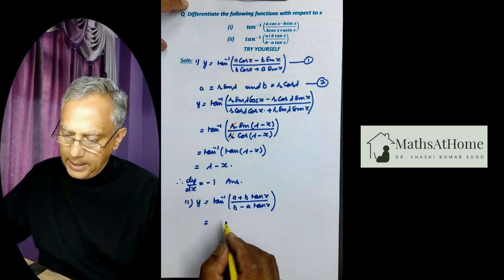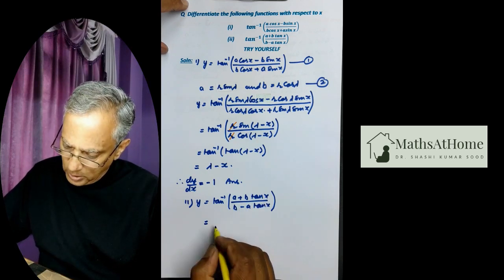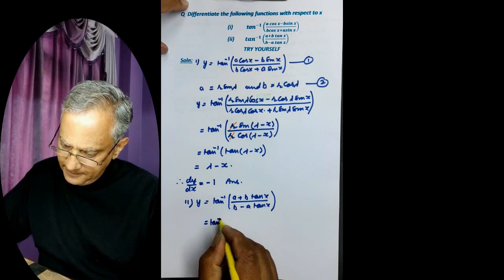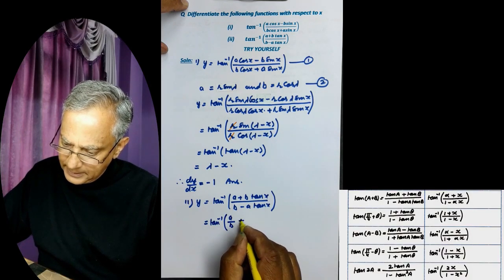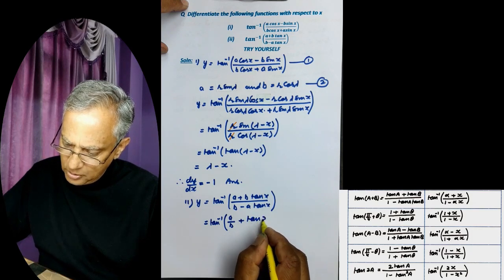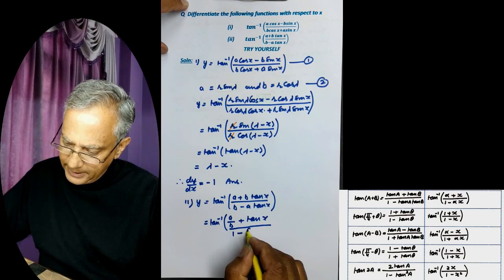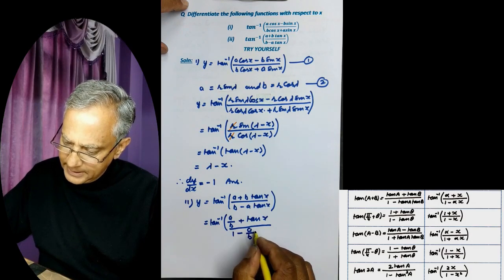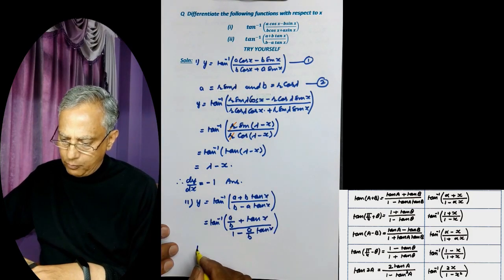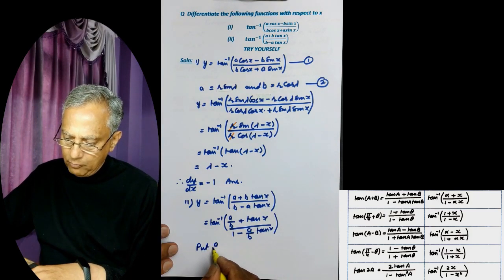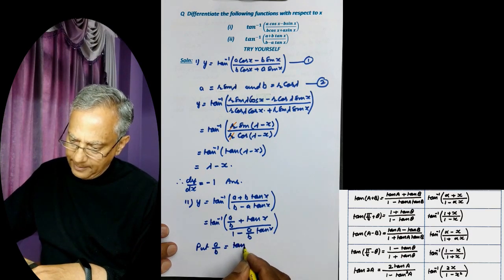Now what I do is I divide both numerator and denominator by B. What we get is tan inverse of A by B plus tan x whole divided by 1 minus A by B tangent x. Put A by B equal to tangent of lambda.